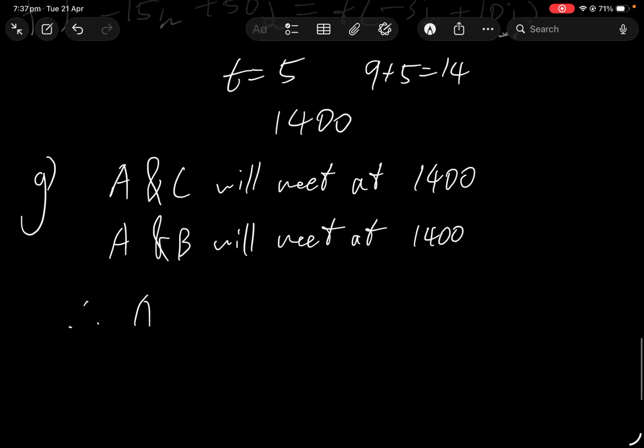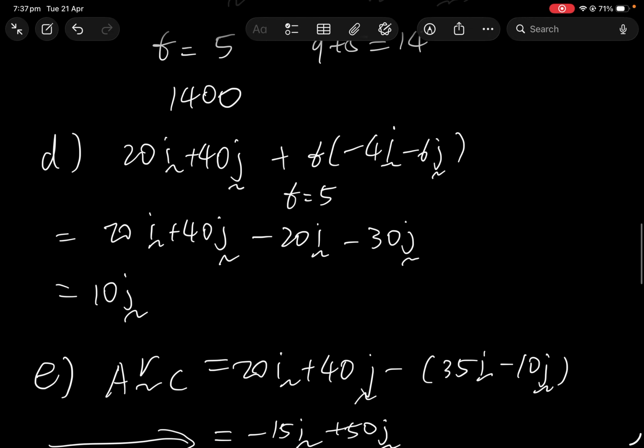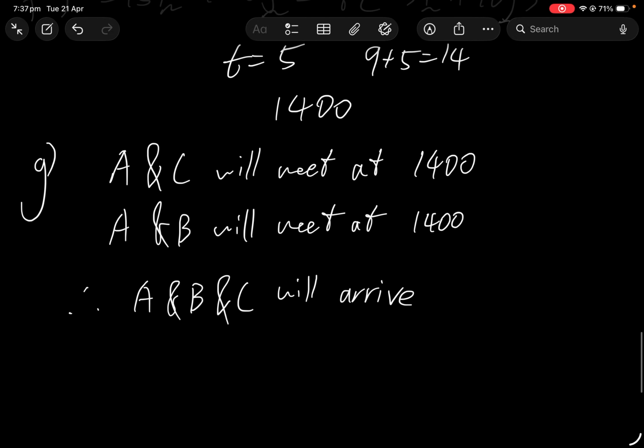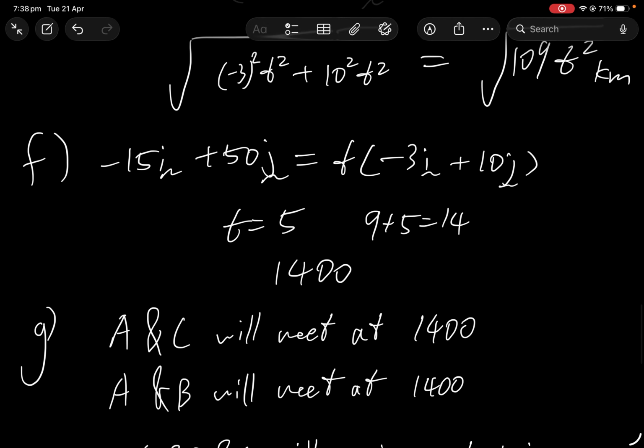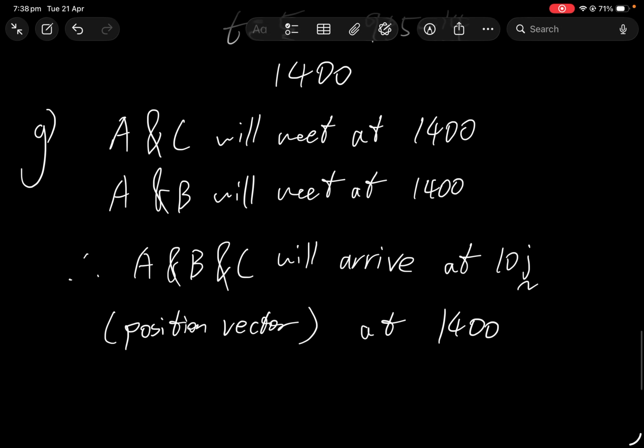Therefore, A and B and C will arrive at the position vector 10j at 1400. We can test this with where A and C will meet, but eventually we'll get this answer. So that's the answer.